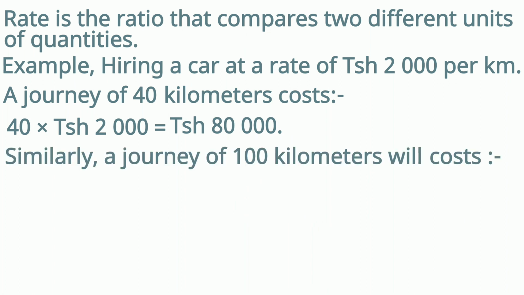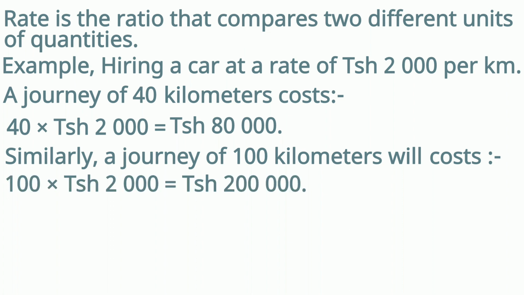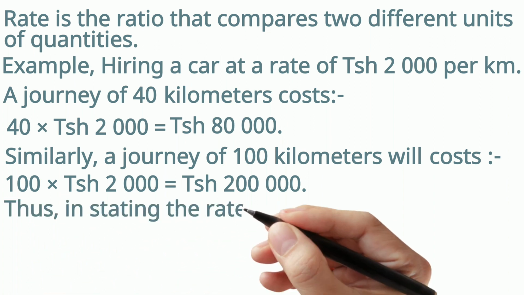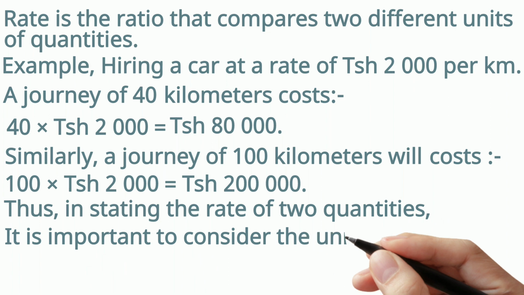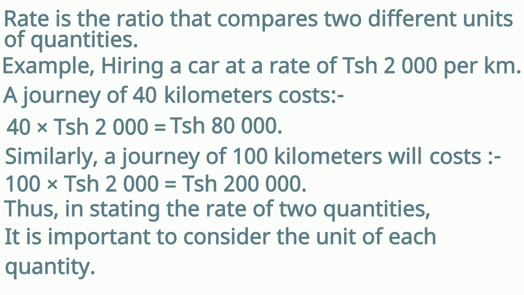Similarly, a journey of 100 kilometers will cost 100 times T shillings 2,000, which is equal to 200,000 T shillings. Thus, in stating the rate of two quantities, it is important to consider the unit of each quantity.